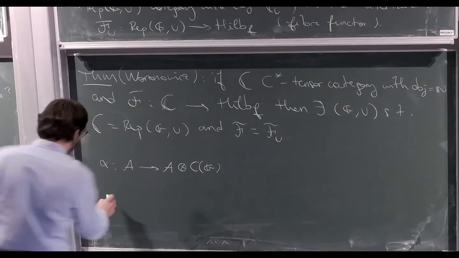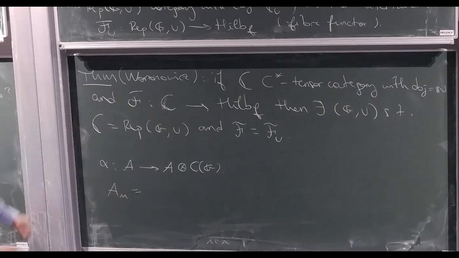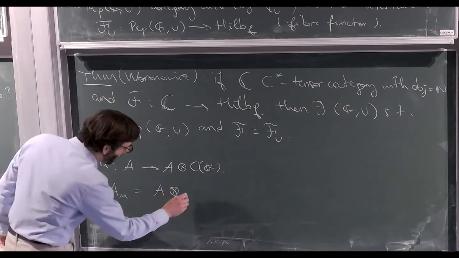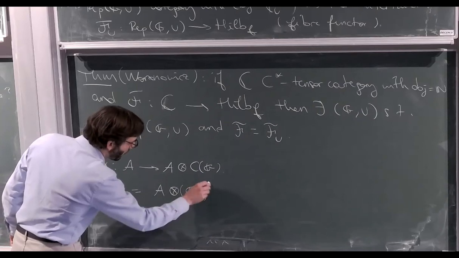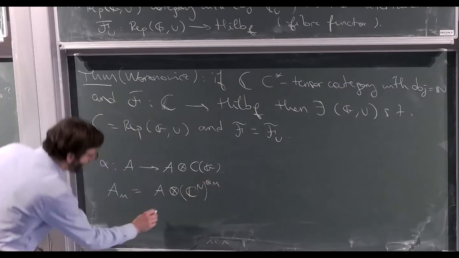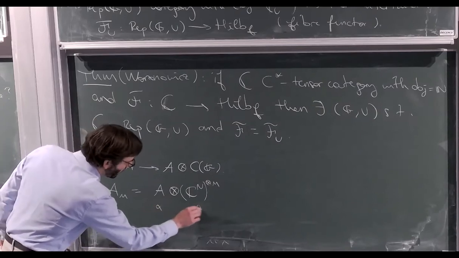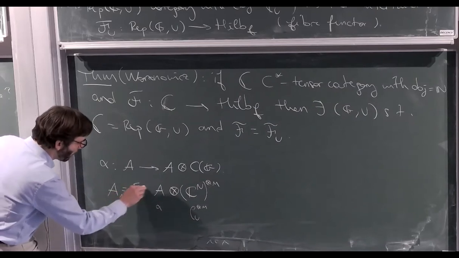So what I would like is to look, for instance, at A^N. So an idea to compare is you take A, you make the tensor product as representations with C^n tensor some n. So here you're acting through alpha, here you're acting through rho U tensor n. And now you look at the fixed points of this.